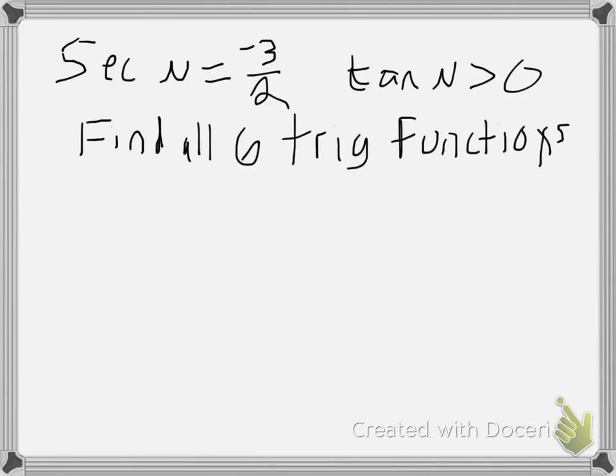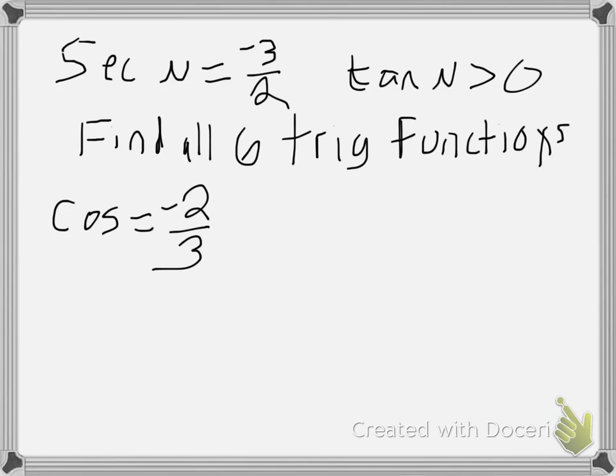So guys, you've actually already done this before, right? We know that the secant is the inverse of the cosine, so the cosine would be pretty easy. It's just simply negative 2 over 3. Now, this is a little bit of a different way to work through this.